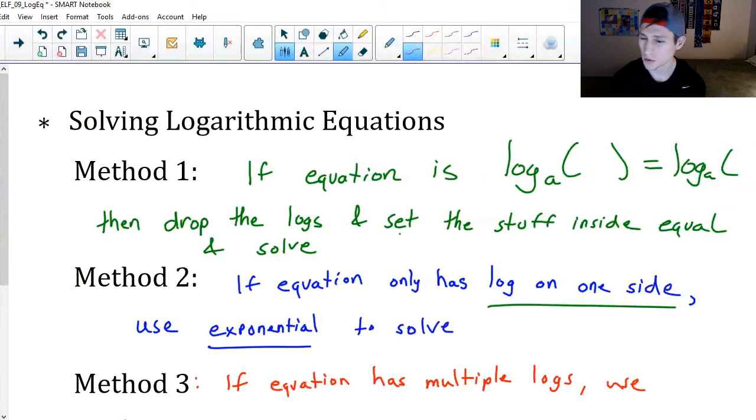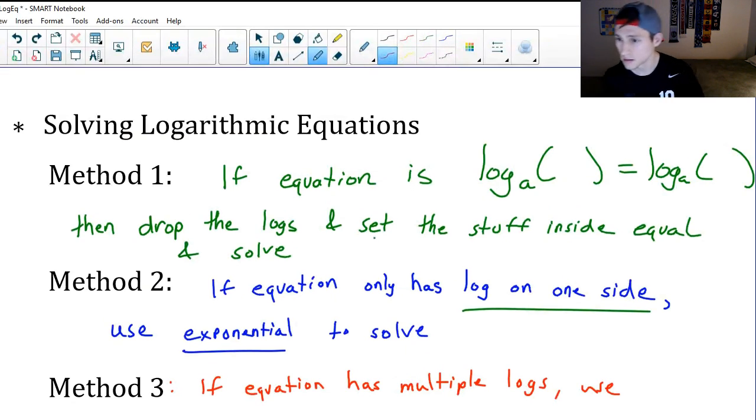Okay. So we're going to move on to how can we solve a logarithmic equation. So we're going to have 3 different methods for ways that we go about this. All right, the first method will be, I don't think you guys can see that fully. Hold on, let me shift this over. Okay, first method.